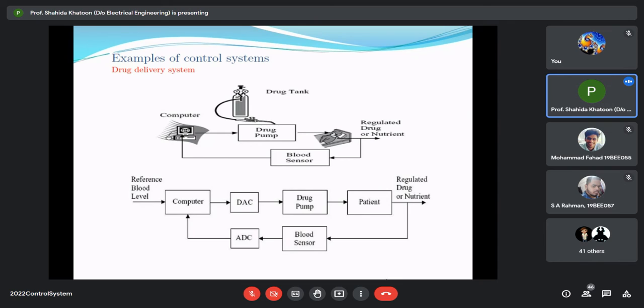Then the drug pump supplies the drug to the patient, and then the patient's blood sensor is used to measure the blood pressure, and the signal is converted into an analog signal which is given to the computer. Right, so you can draw this diagram also. This is a good example of a control system.